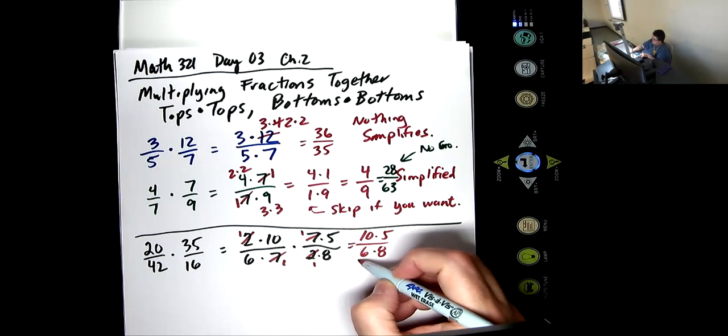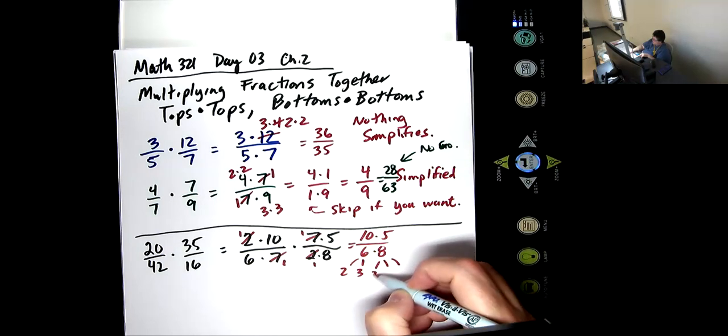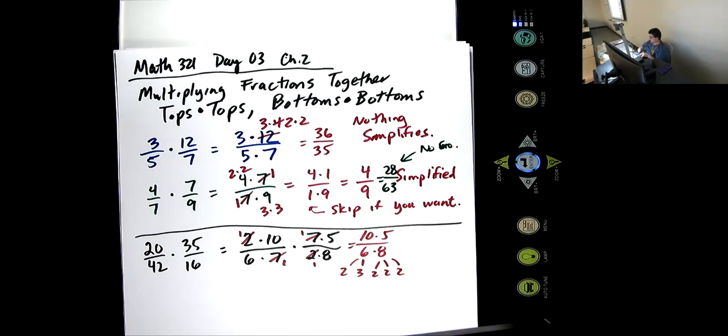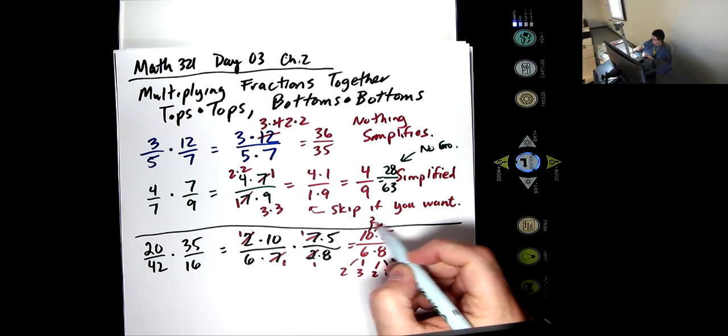Six breaks down to 2 times 3. And 8 breaks down to 2 times 2 times 2. And 10 is 2 and 5.